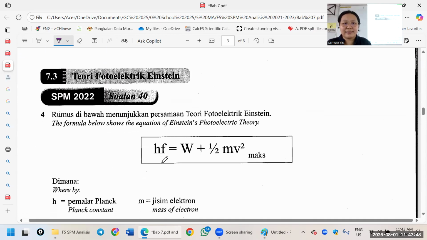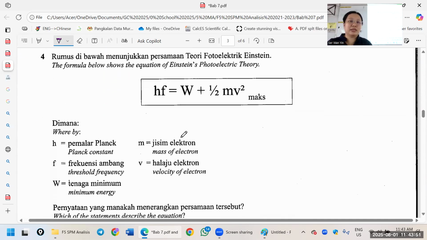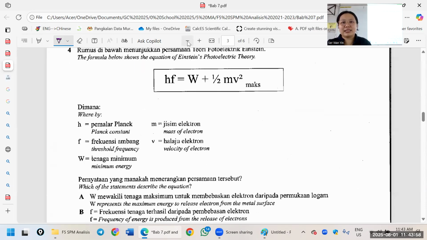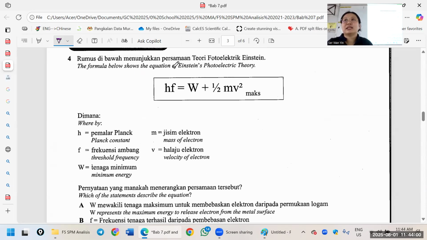Okay, line next. Again, this one is the formula given in your formula list. I feel this is quite confusing lah. So basically it is photon energy equals to work function plus maximum kinetic energy. So E equals to HF. Work function is HF naught.